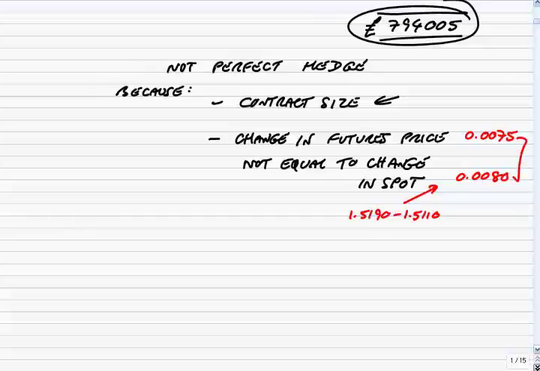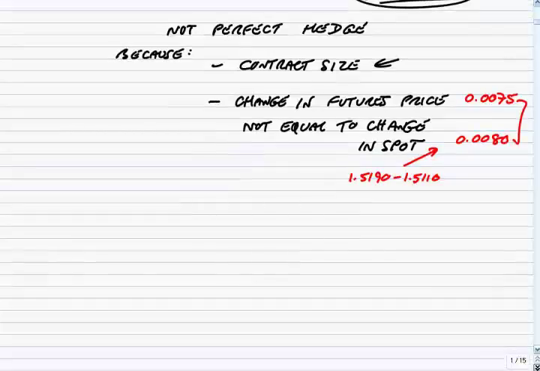And to be a perfect hedge, they would have to change by exactly the same amount. They won't change in real life by exactly the same amount. And so, although there will be this profit to cancel the loss sort of thing, it won't match exactly. You won't end up with a perfect hedge.